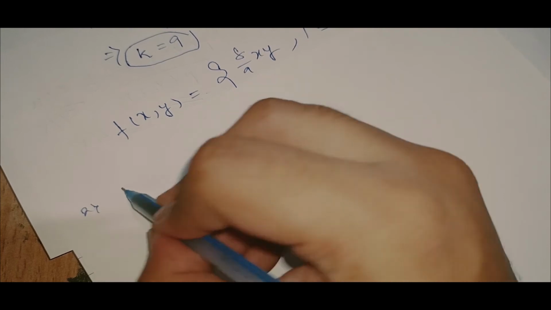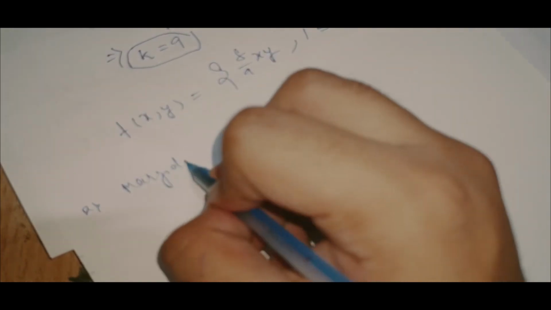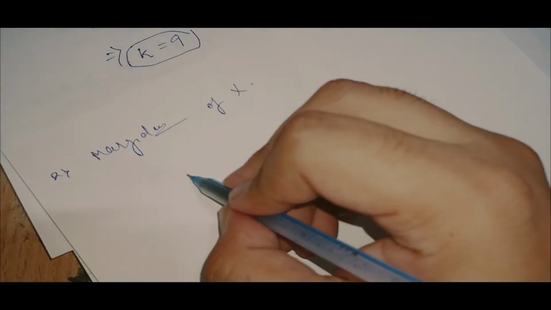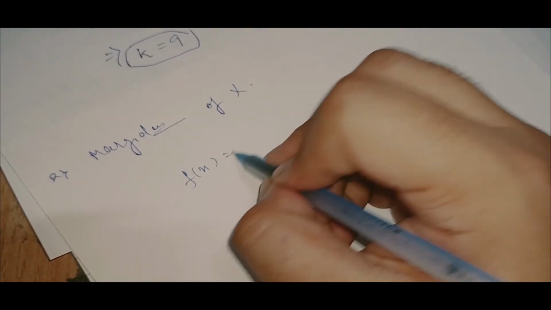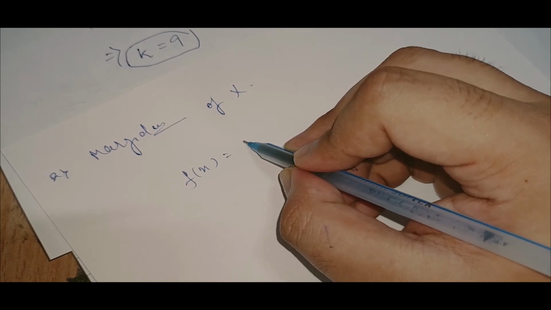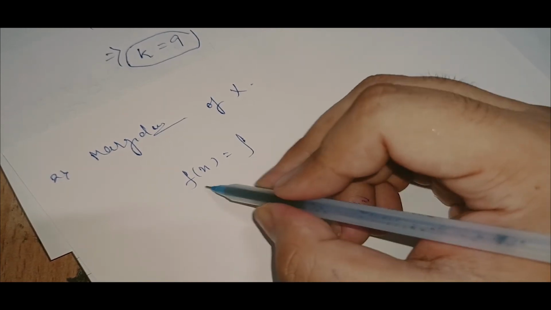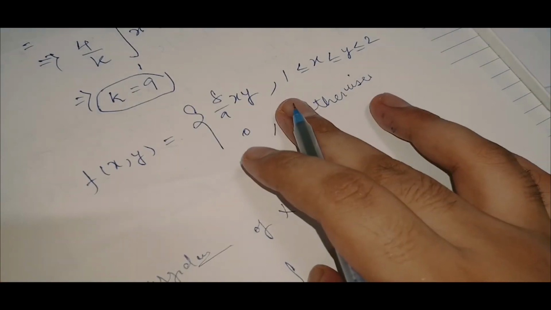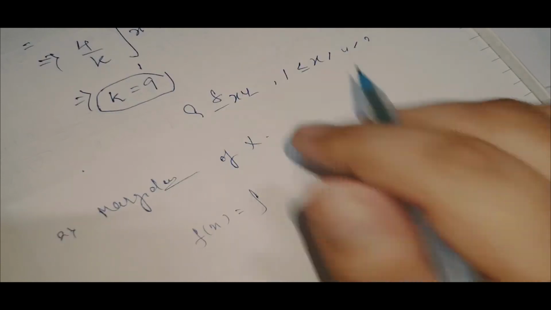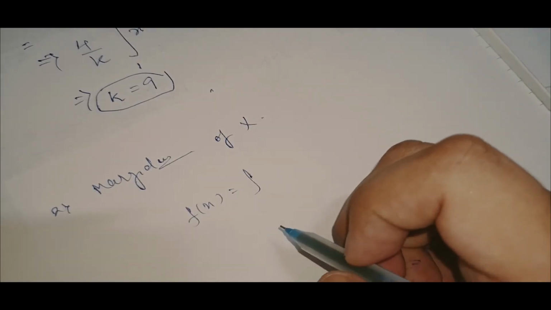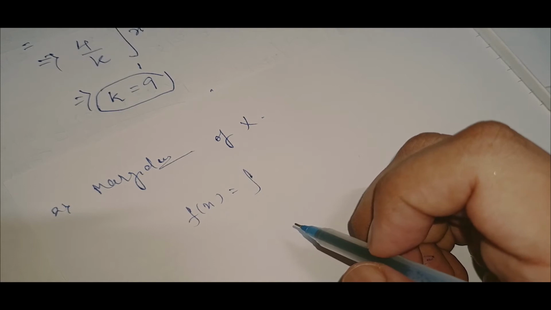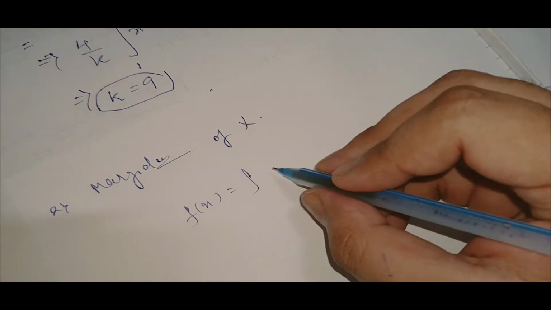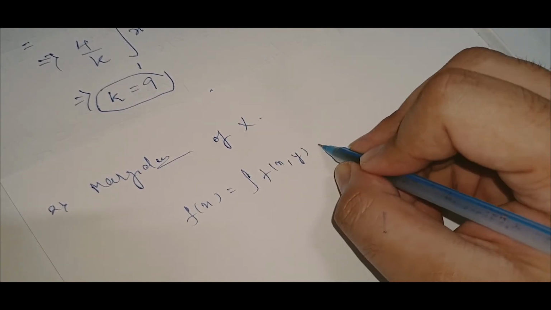So the marginal density of x, what would it be? F of x, what is the formula? How does the limit of x vary? No, here you go wrong. Here we won't write the limit of x. You remember the formula. It was f(x,y) dy.